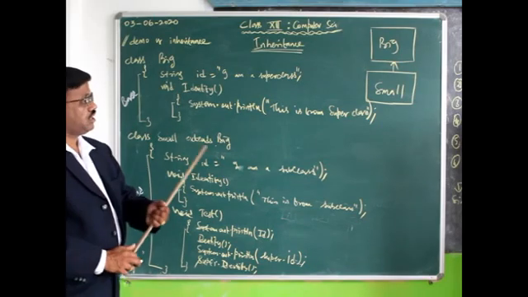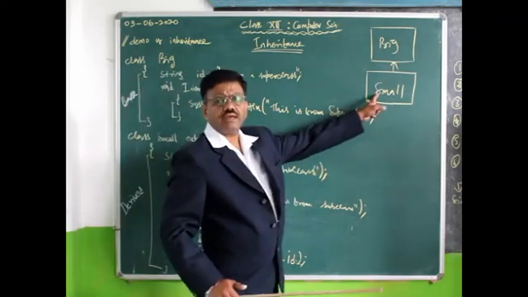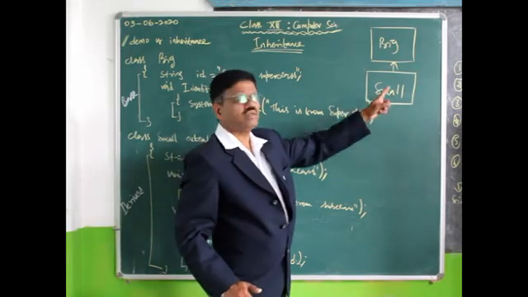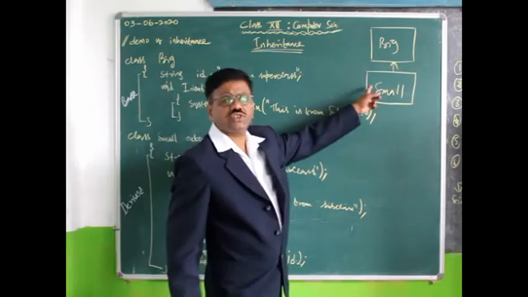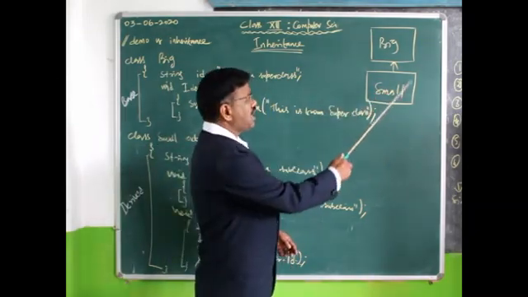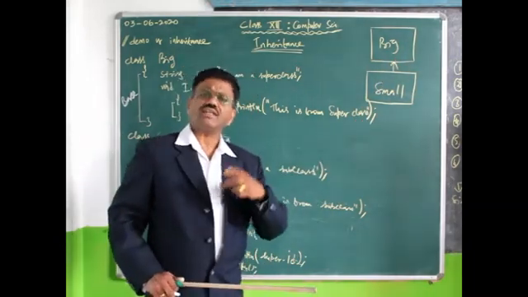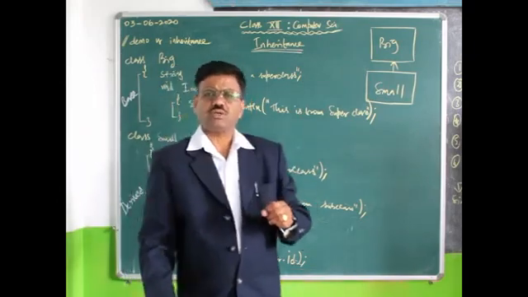Now the second class is a subclass. What I do here is, I not only use the data members and member functions, but I also inherit the member functions and the data members from big. That is what this program is.